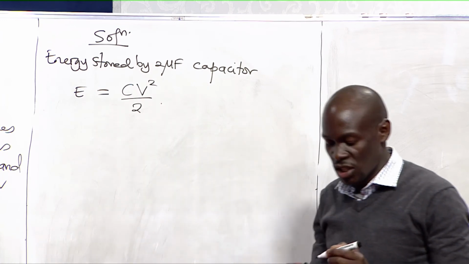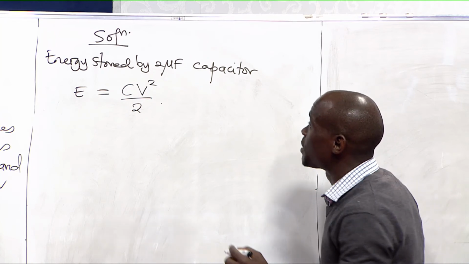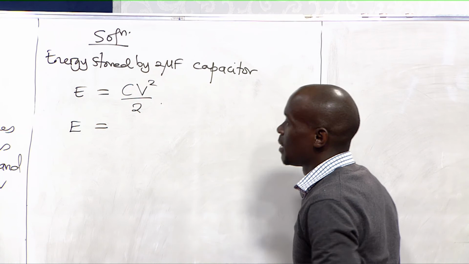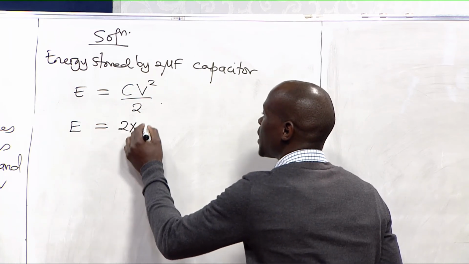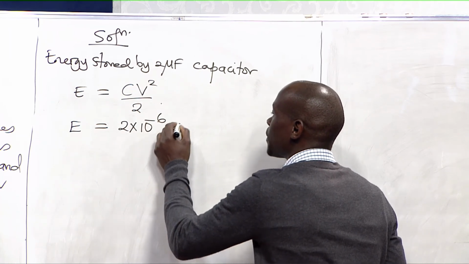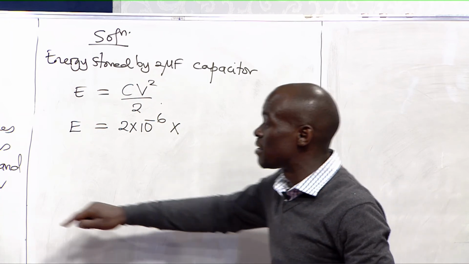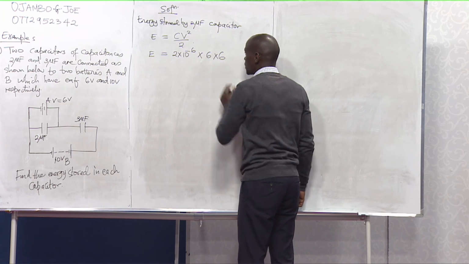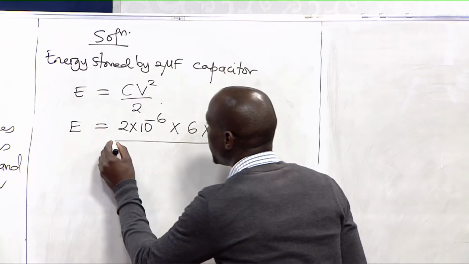Over 2. Is that it, class? Then we substitute. E is equal to, what is our capacitance? It is 2 times 10 to the negative 6, times the PD, which is 6, so it will be 6 times 6, divided by 2.